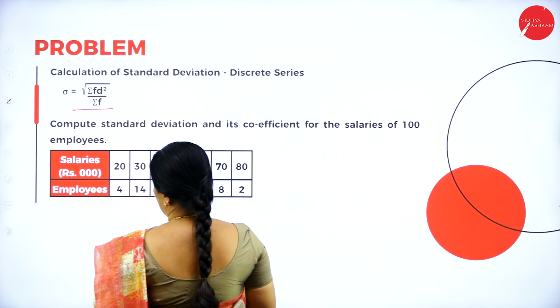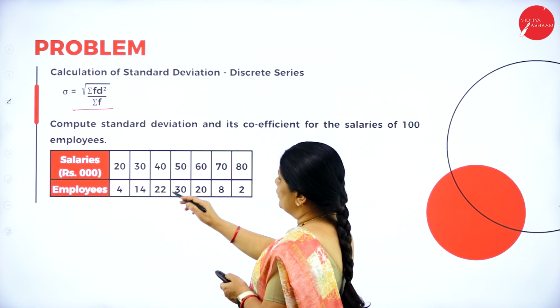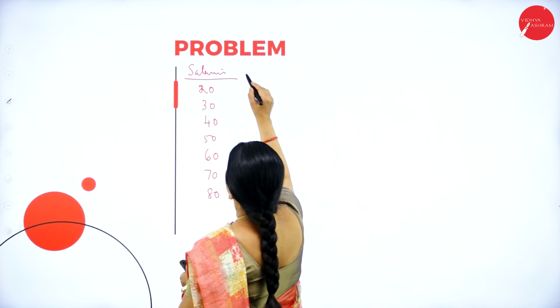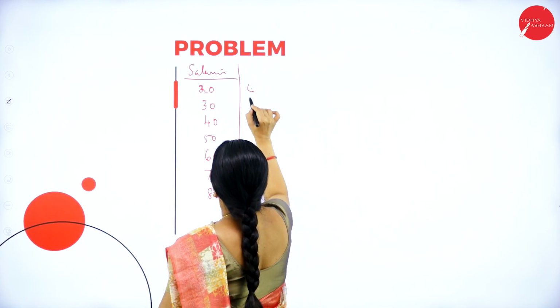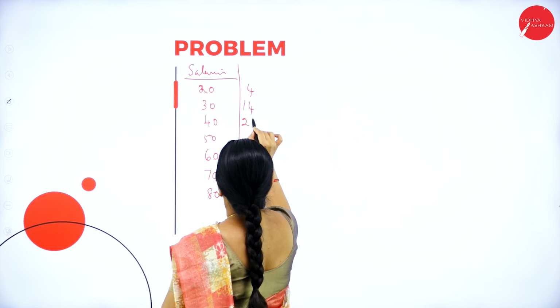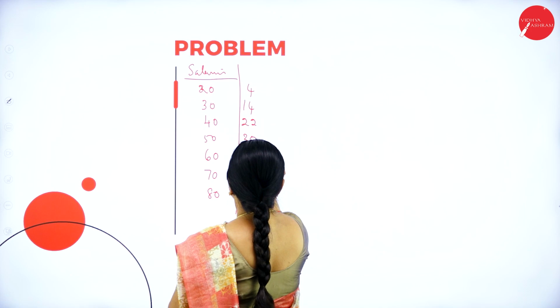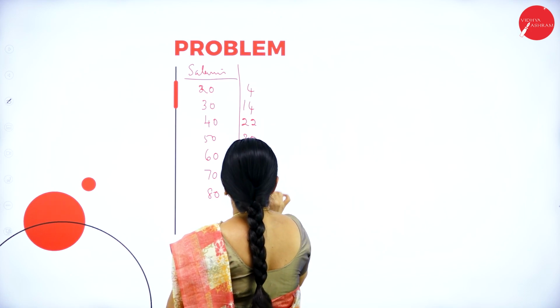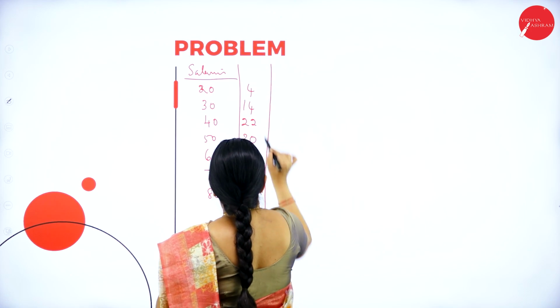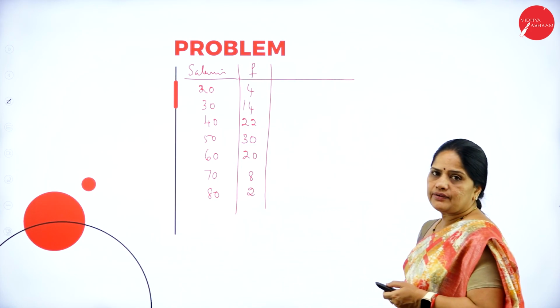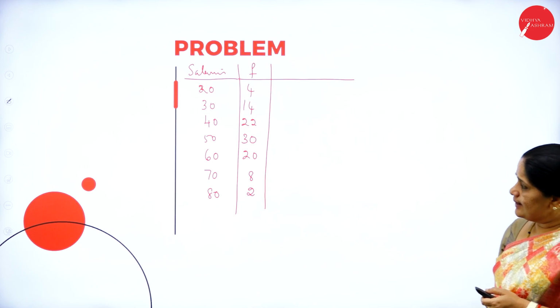Then they have given us the frequencies here: 4, 14, 22, 30, 20, 8 and 2. So this is the frequencies. So salaries are given and the frequencies are given.